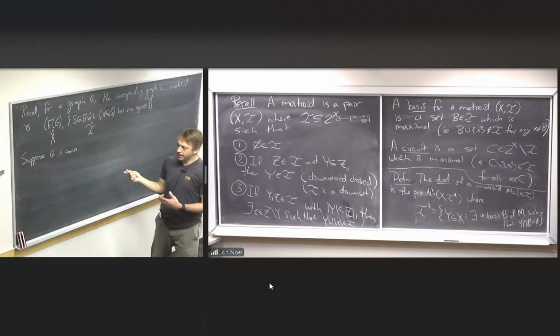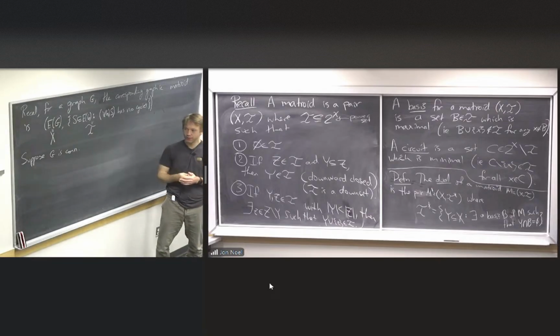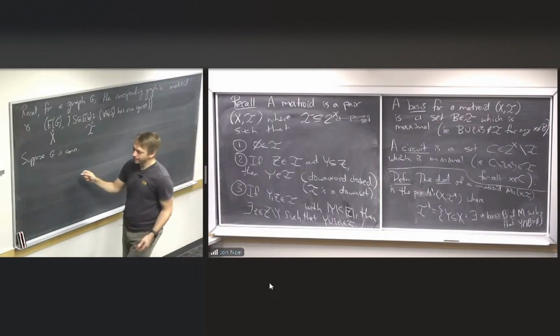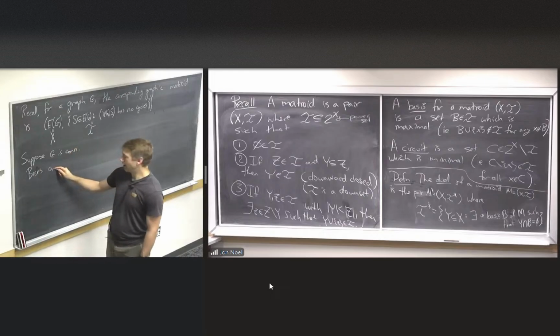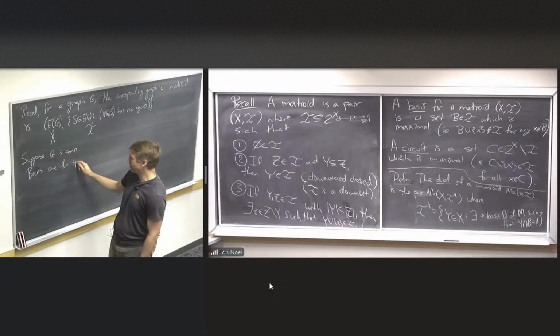Then the independent sets correspond to spanning forests of G. The bases of this graphic matroid are the spanning trees. We saw that last time.